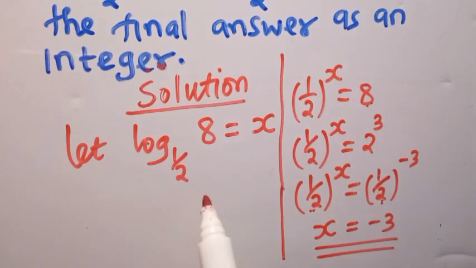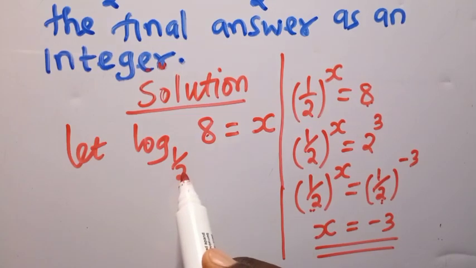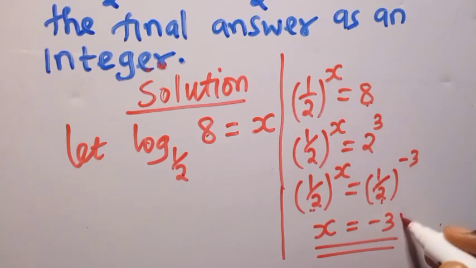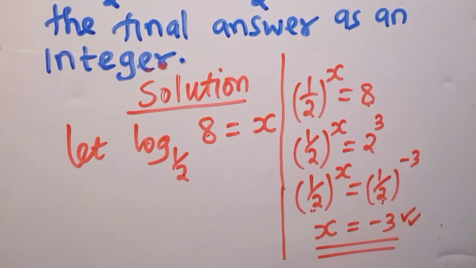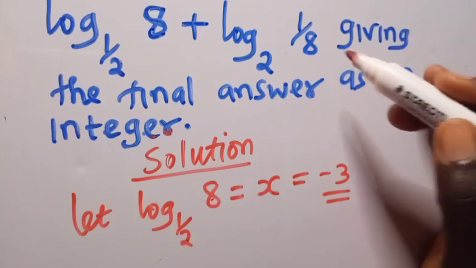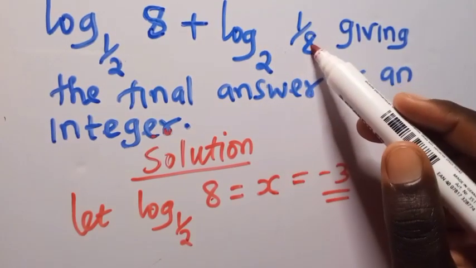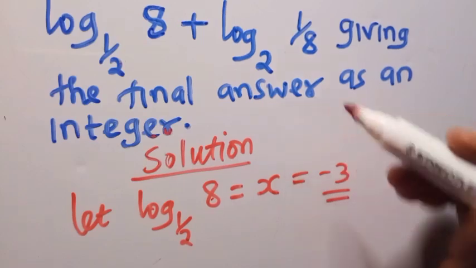And therefore, we have solved the logarithm of 8 to base a half, and we have obtained it as negative 3. Let us proceed to solve the logarithm of 1 over 8 to base 2 also.